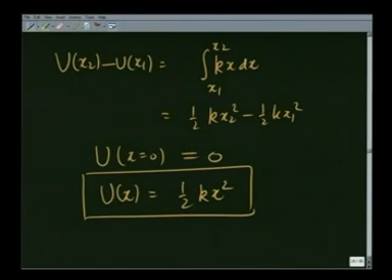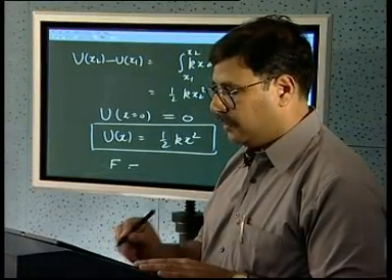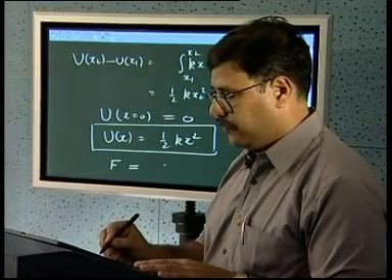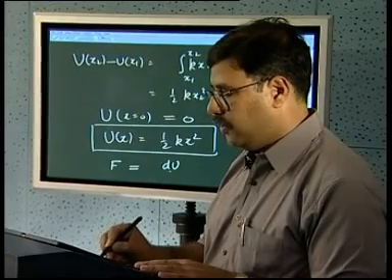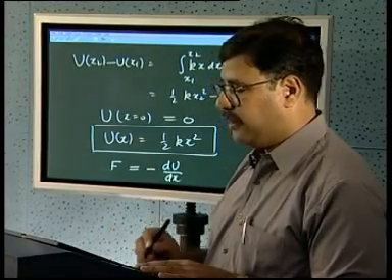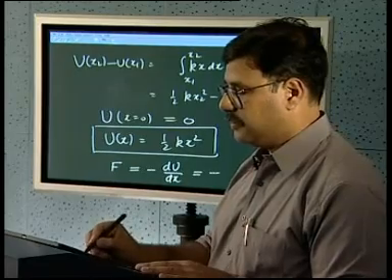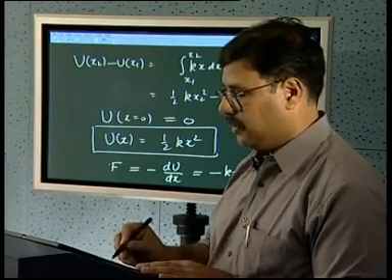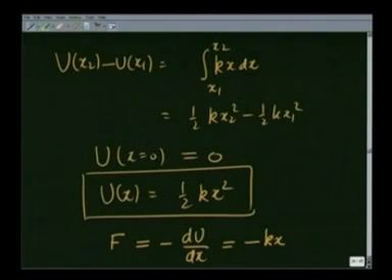Also from this, the force is given as minus dU/dx by definition, and this you see comes out to be minus kx. Let me elaborate a bit on that, because I did it in 3 dimensions.